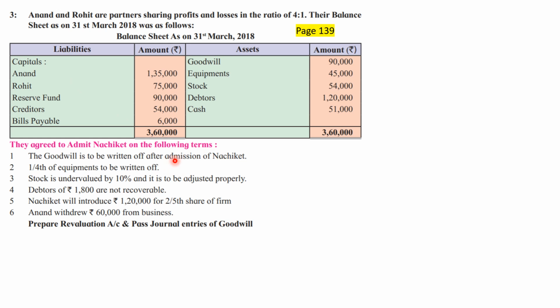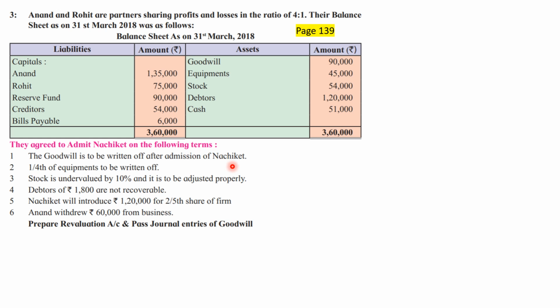Because the wording is after admission of Nachiket, not before admission of Nachiket. So some authors or some professors may specify that it is better to write it off against Nachiket capital also. Not only against the capital of Anand and Rohit, but also against the capital of Nachiket.